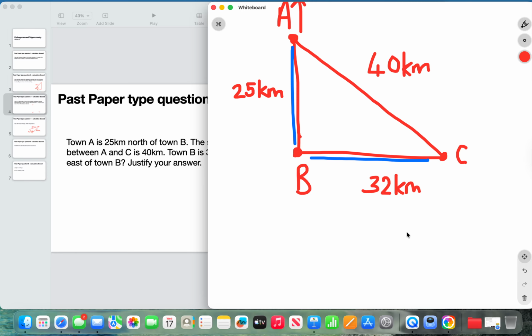So the longest is AC. So we want to take AC squared. And that is 40 squared. And that's 1,600.